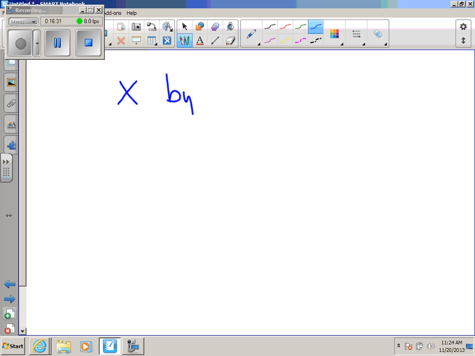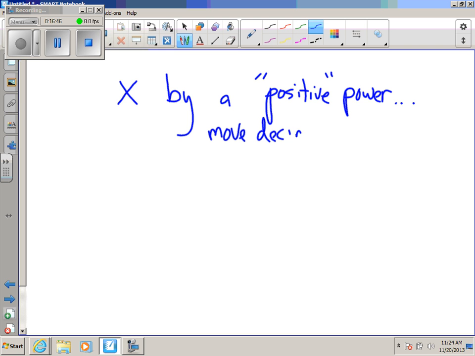When you divide, okay, here. Multiply by a positive power, move decimal to the right.